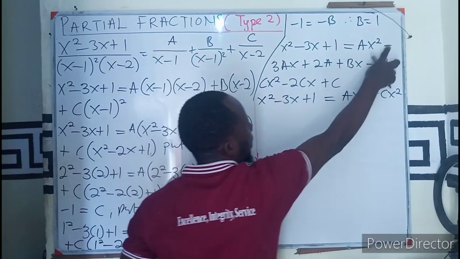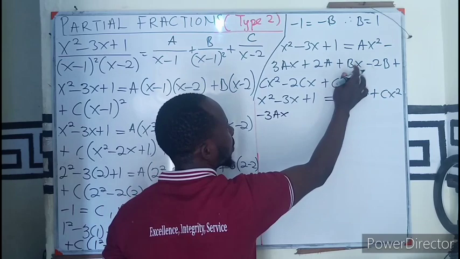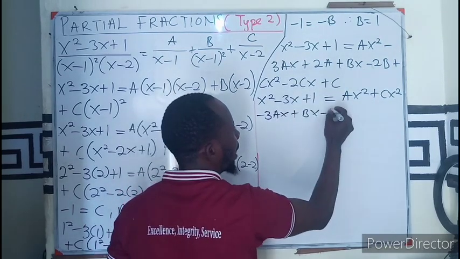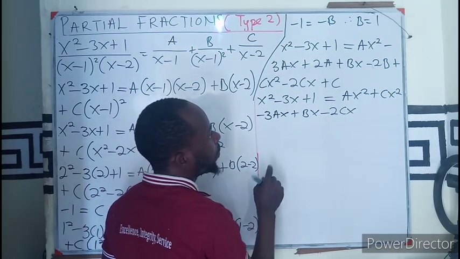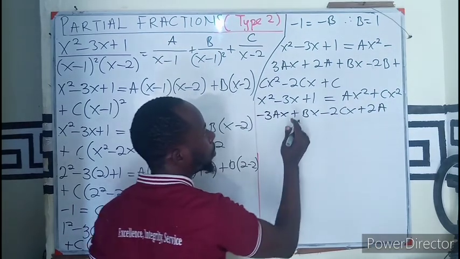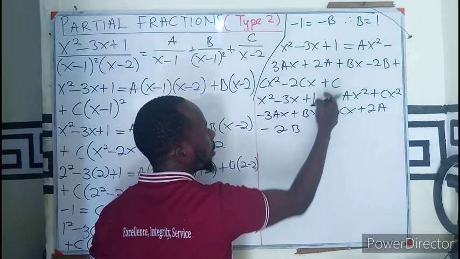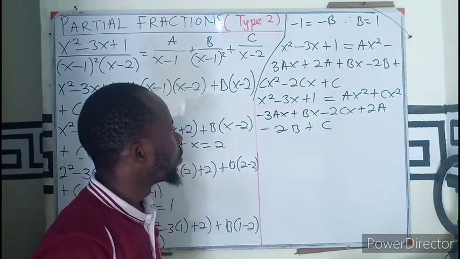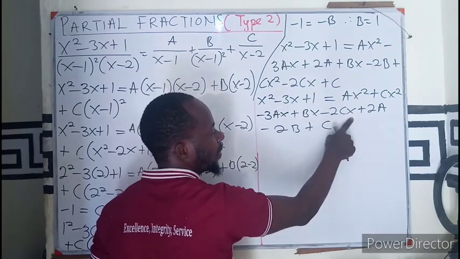That is going to be negative 3ax plus bx minus 2cx. So now what is left? We are left with a constant of 2a minus 2b plus c. Right? So x squared, x, x, then constant.